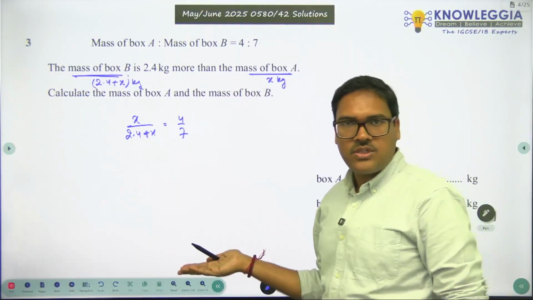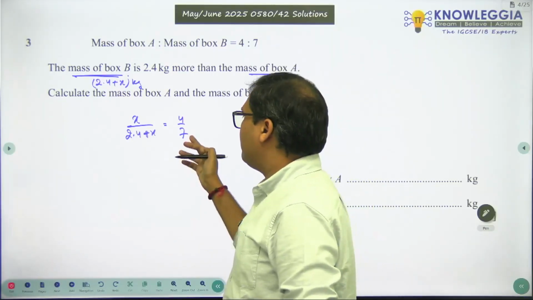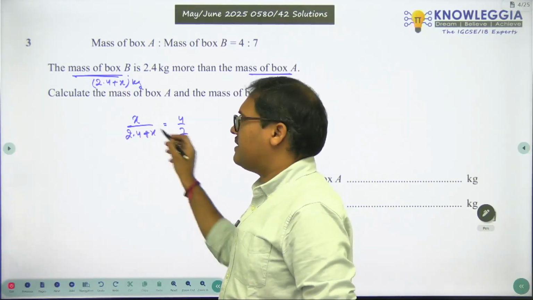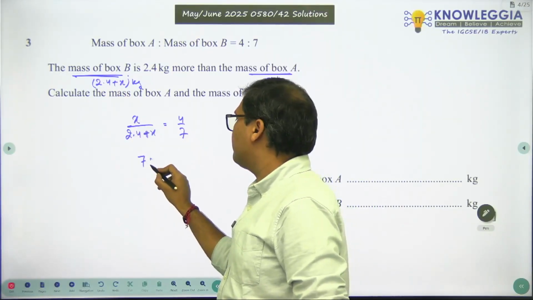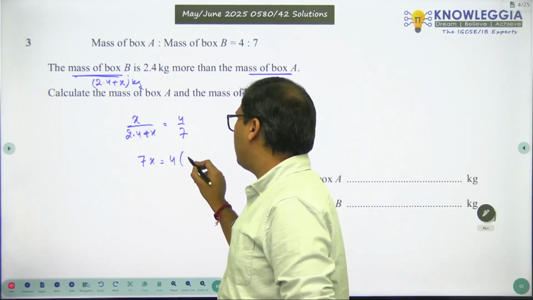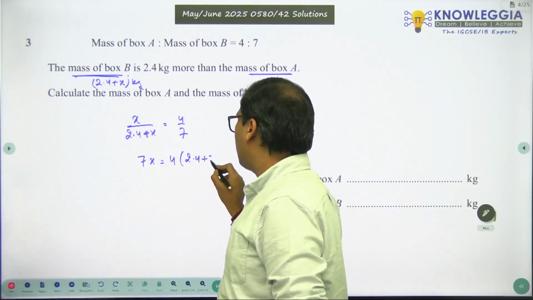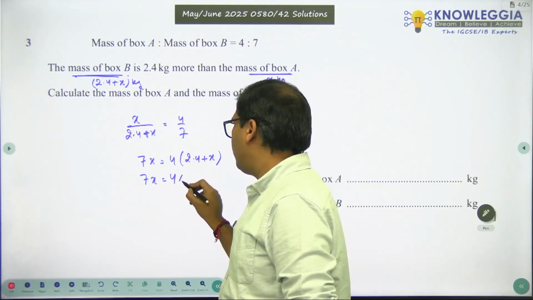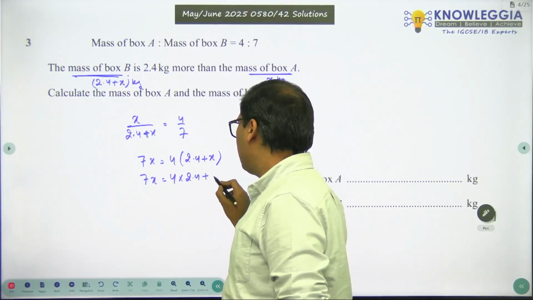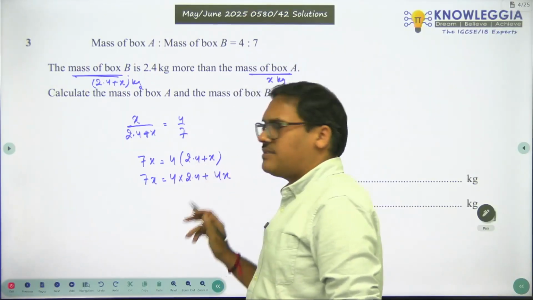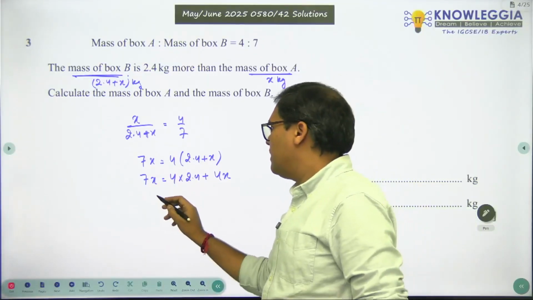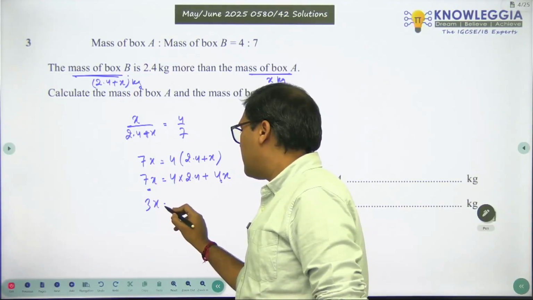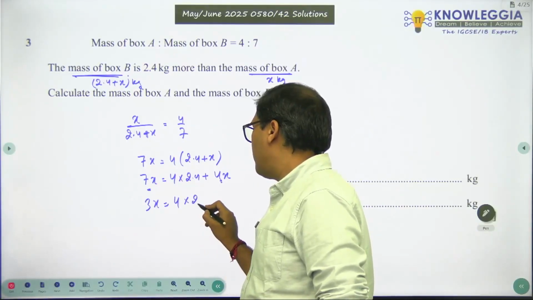So now you have to just solve this equation. You can cross multiply. This is 7x, and this is 4 multiplied with 2.4 plus x. Or you can say this is 7x equal to 4 into 2.4 plus 4 multiplied with x. Solving this equation, if I subtract 4x from 7x, this will become 3x, and this is 4 multiplied with 2.4.